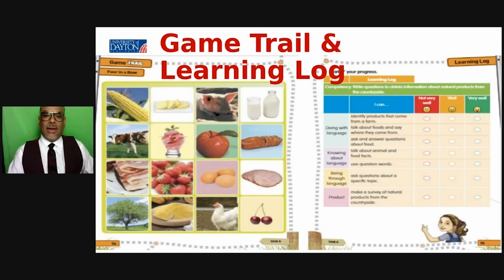In the game trail and learning log, this is a fantastic opportunity for both teachers and students to have some assessment. Okay, because students can also assess themselves, and they can also be assessed by the teacher, and they will not feel that they are being assessed because this assessment is presented in these kind of activities.